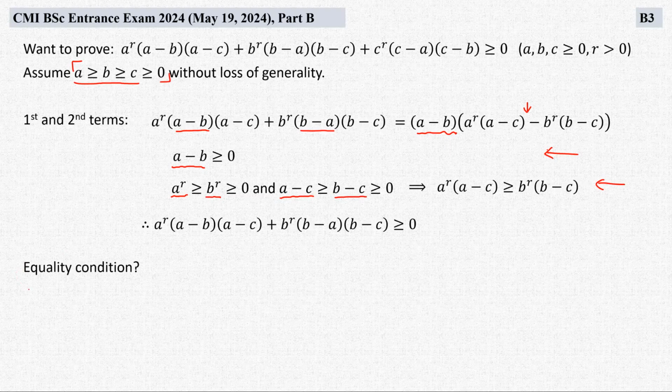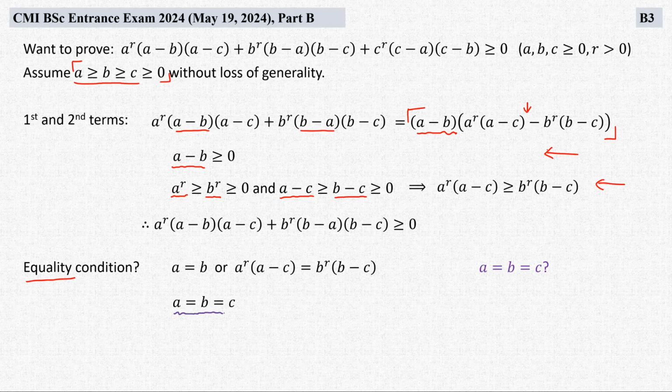Since we have to obtain the equality condition for the entire inequality anyway, let us think about the equality condition for the above inequality as well. From this expression, you'll notice that the equality holds when a equals b, or a to the power of r times (a minus c) equals b to the power of r times (b minus c). Now, some of you might think that this eventually ends up with the condition a equals b equals c. Well, the equality does hold if a equals b equals c, but it is not the only possible condition.